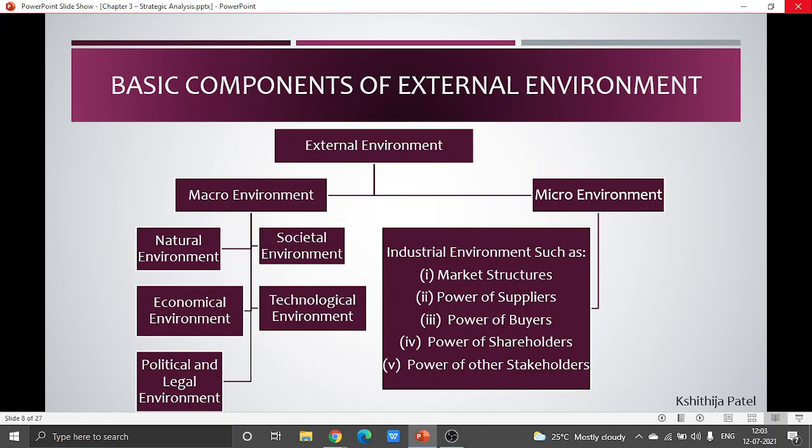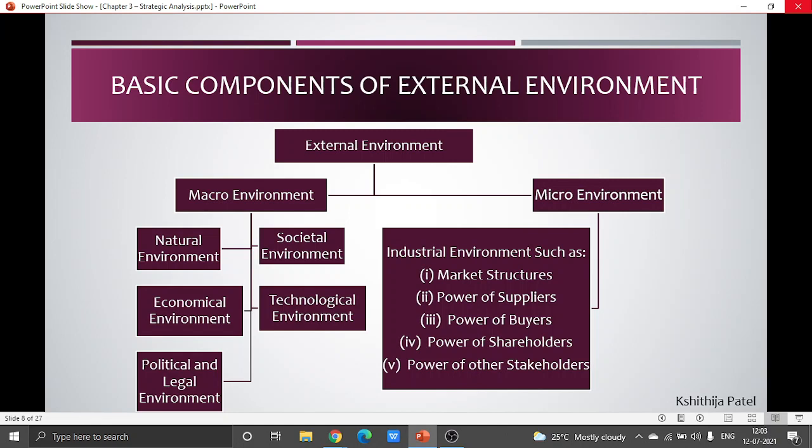So now speaking about this effect, the effects can be those which are favorable to the organization, and it can also include all those effects which are adverse to the organization. Now, in the external environment, there exist the opportunities and threats.